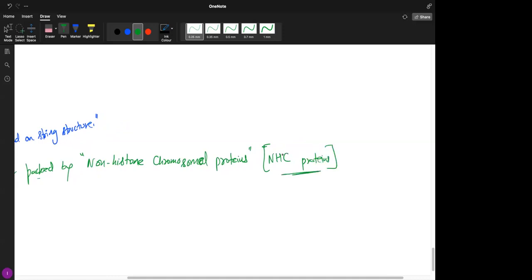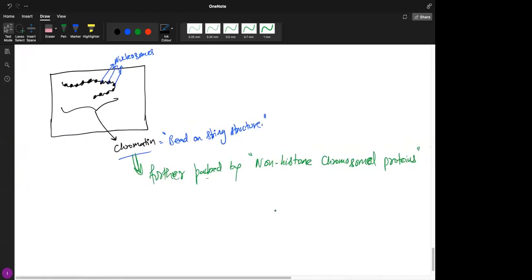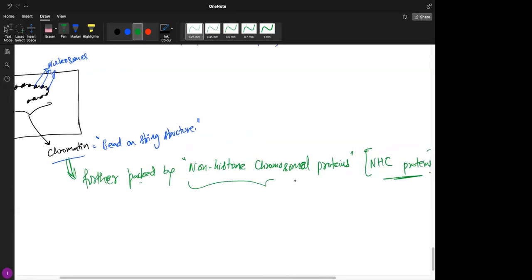So if they ask you in an entrance exam which protein is responsible for the fundamental packing at the first level, it is histone. At the second level, it is NHC, non-histone chromosomal proteins. Is it clear, everyone? These proteins form either euchromatin or heterochromatin.